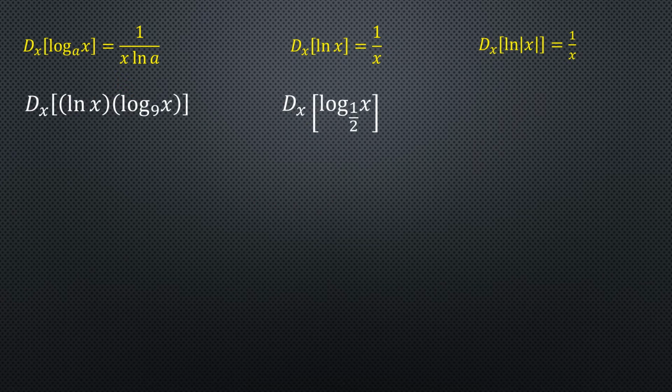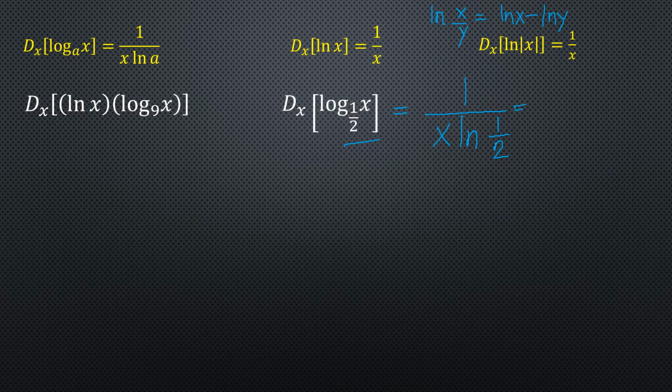On our next example, we're going to solve this. The derivative of logarithm of x to the base 1/2 is equal to 1 over x times ln of 1/2. Take note that ln of x over y in the rule is equal to ln of x minus ln of y. That is the rule of quotient in logarithm.